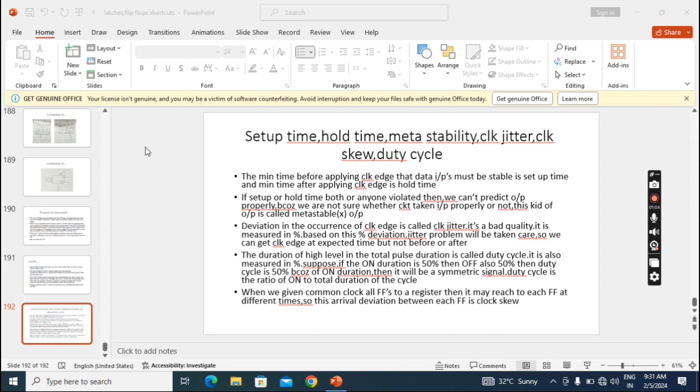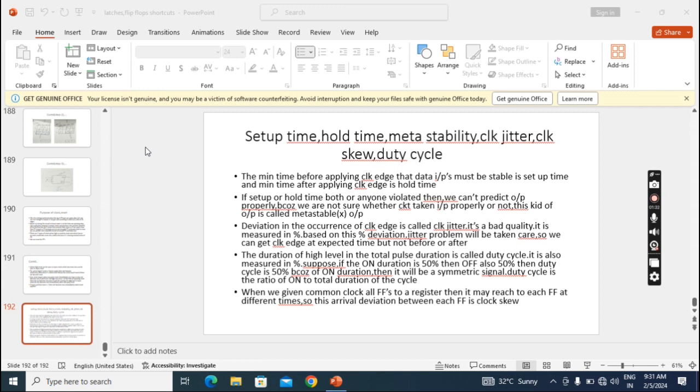If we are not maintaining some minimum time before the clock edge or after the clock edge, that means if we violate setup or hold time, either one, then the circuit may not take the input properly, so it may not produce output properly. That uncertain output is called metastable output. We represent that as X.